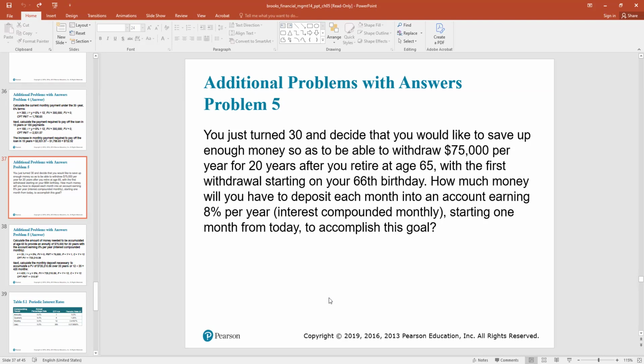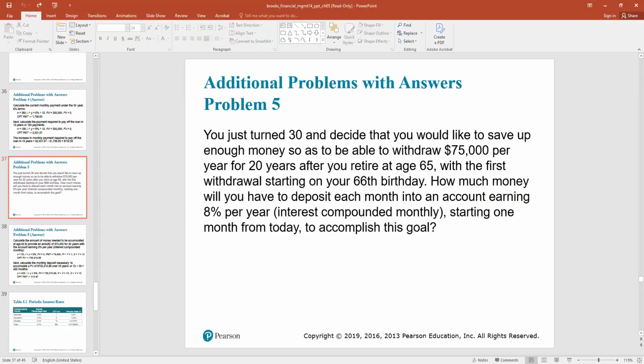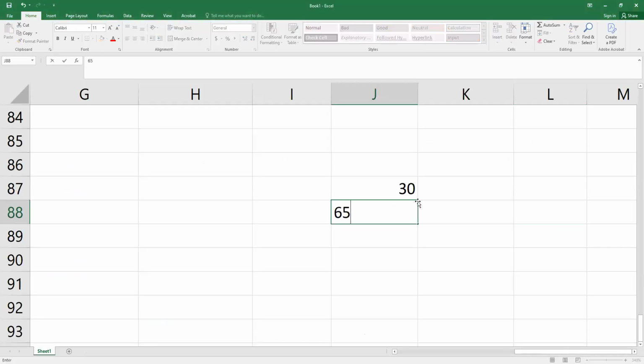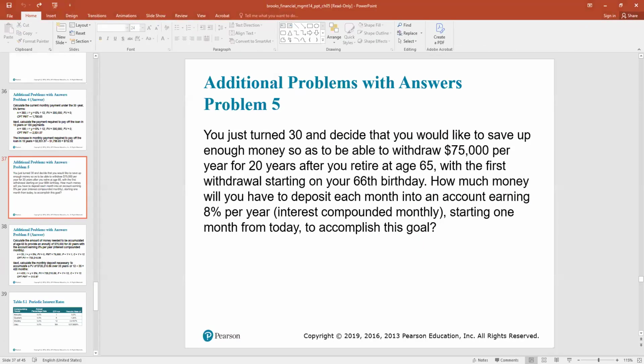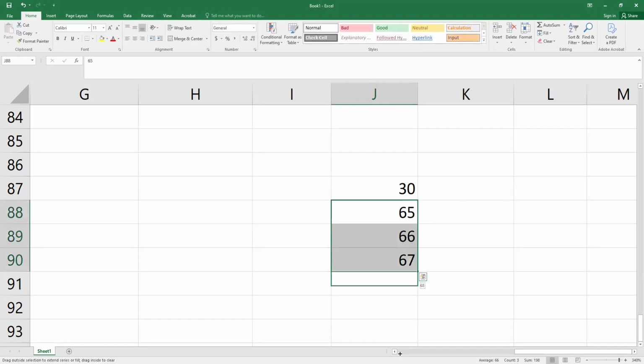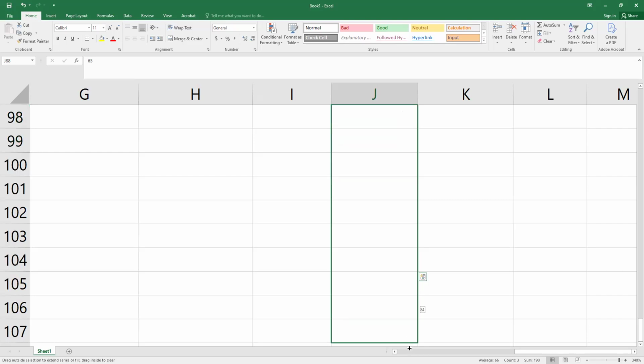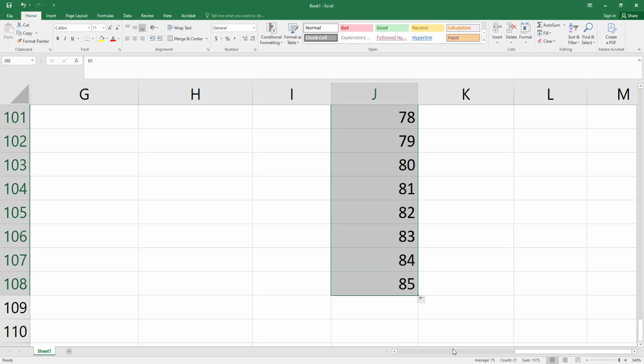So you just turned 30, okay? You're 30. Let me help you with this question. You're 30 now. And you decide you would like to save up enough money so that you're able to withdraw 75 a year after your age of 65. So when you're 65, you will be retired, and for the next 20 years, okay?